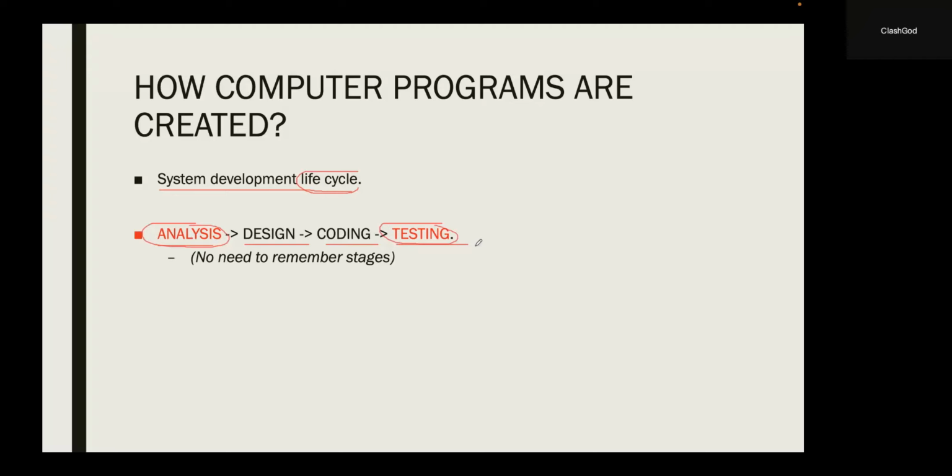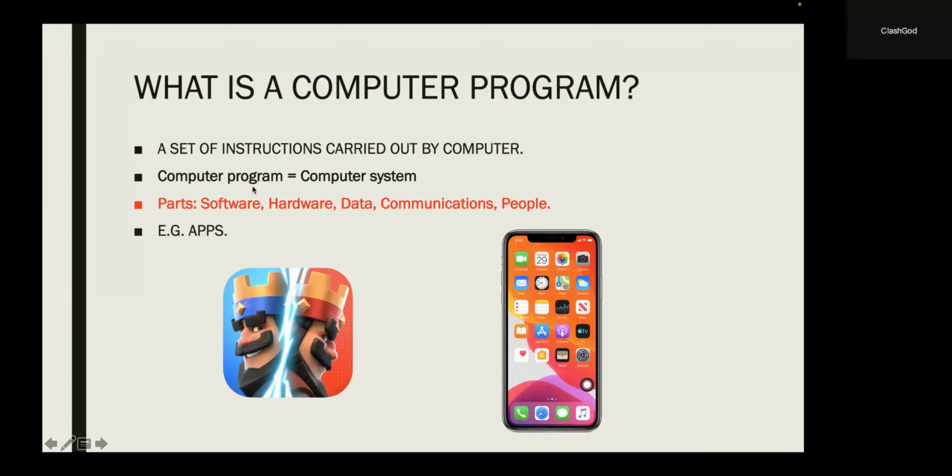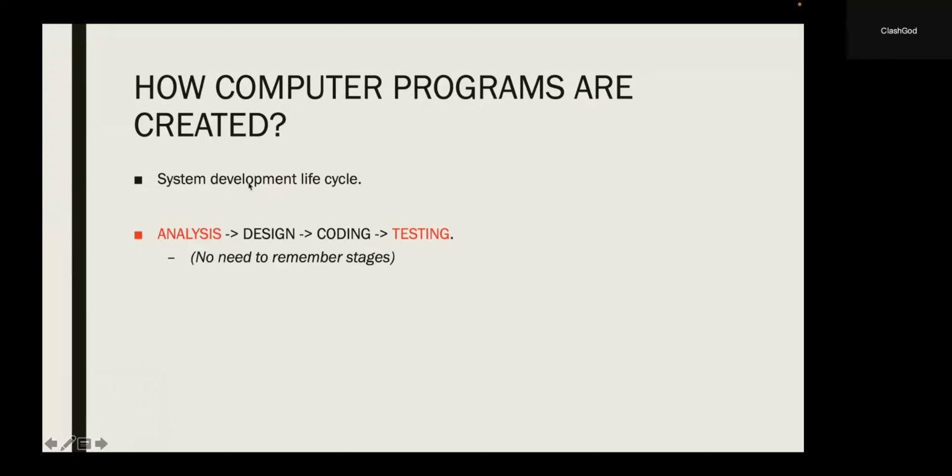But for now, what you know is that a computer program is a set of instructions that the computer carries out, and an example are apps that you see every day. A computer program is the same as the computer system, and we use the system development life cycle to create computer programs, which is a set of stages that you go through.